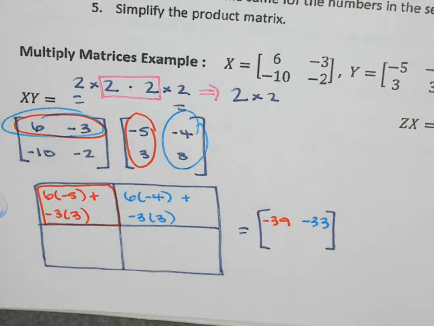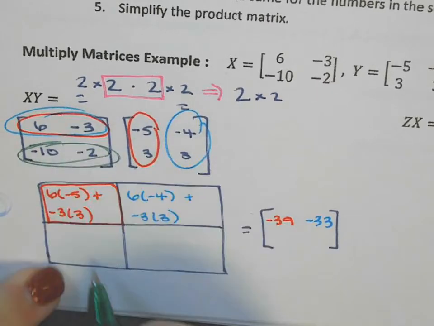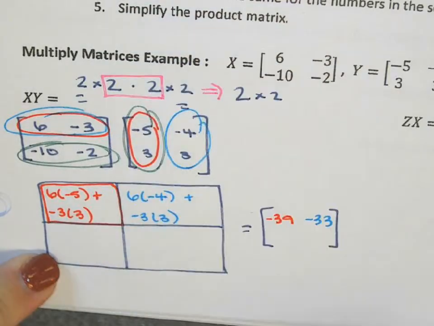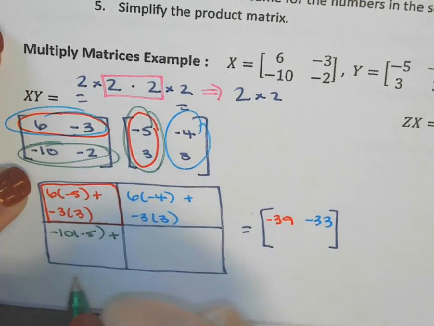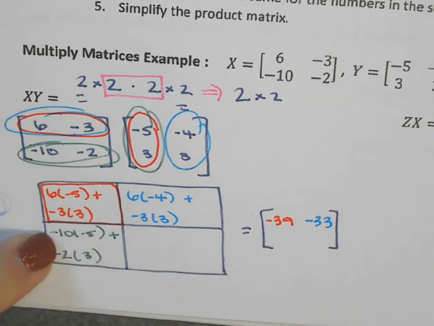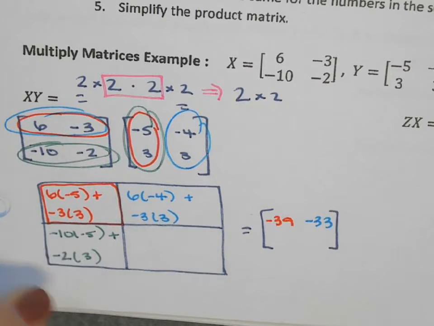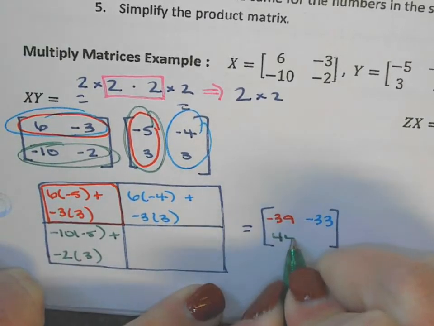When you move down to the second row, we're going to use the second row, but we're in the first column, so we use the first column. Negative 10 times negative 5 plus negative 2 times 3. That's going to turn to a positive 50 and negative 6. So 50 minus 6 is 44.